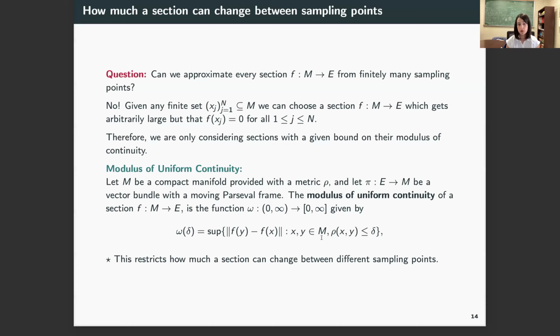And this is going to restrict how much a section can change between different sampling points. So we want to have a kind of control, so that looking at nearby locations like x_j should give a good approximation for f of x in general.